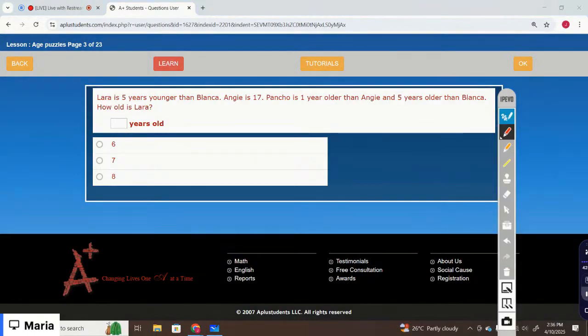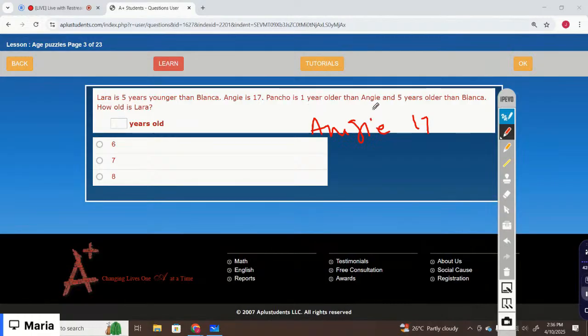Lara is 5 years younger than Blanca. Angie is 17. Pancho is 1 year older than Angie and 5 years older than Blanca. How old is Lara? Start with Angie's age. We are given Angie's age, that is 17.